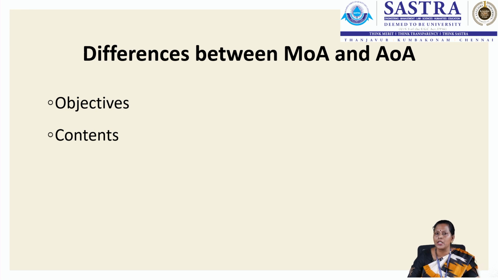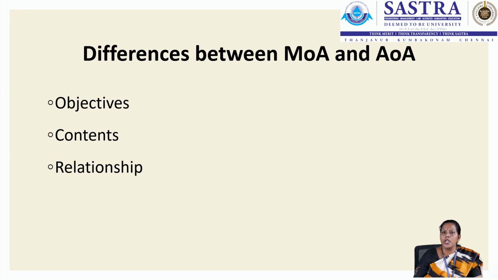It gives the preliminary information. It talks about the voting rights, member details, winding up of the company, and directors. So the content of the Memorandum of Association is totally different from the Articles of Association.